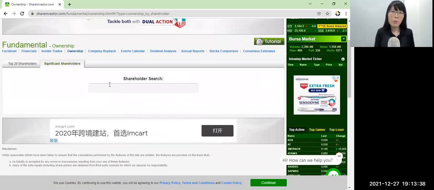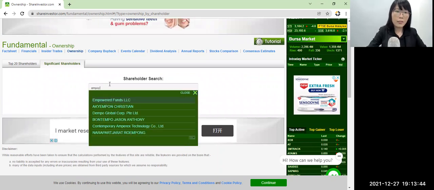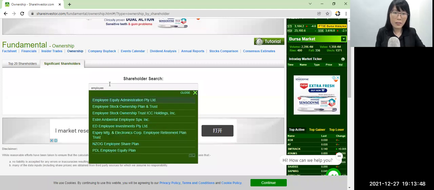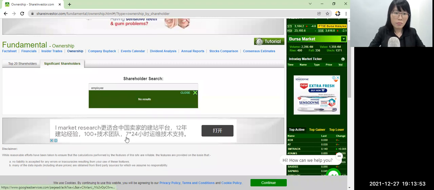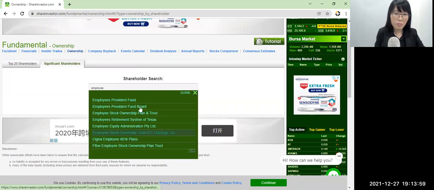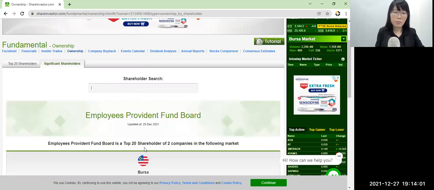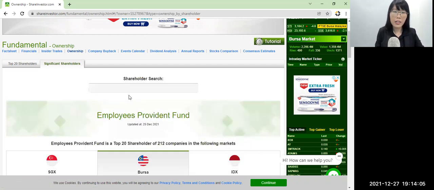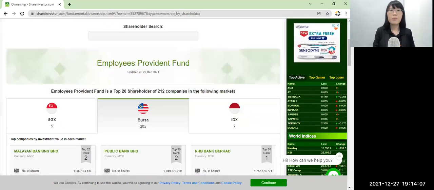For example, you can find the EPF, which is the Employees Provident Fund.